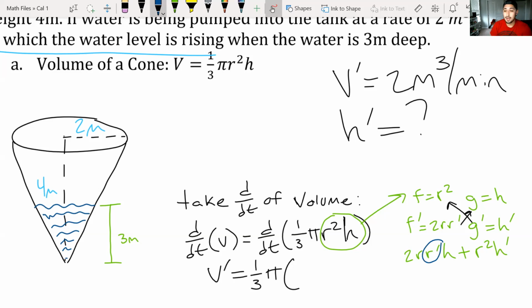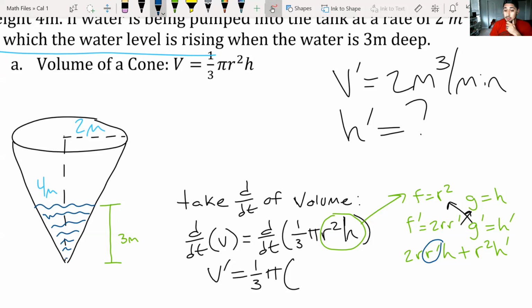So we're not looking for an increase in radius, because it's not increasing anywhere. Sure, from the bottom of the cone to the top of the cone, the radius is probably different. But as the height is rising, if the cylinder fills up, the radius is still 2 meters no matter what. So there is no need to have an r prime.